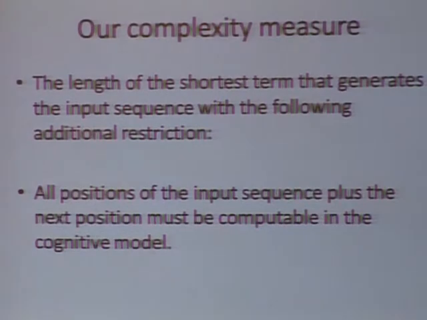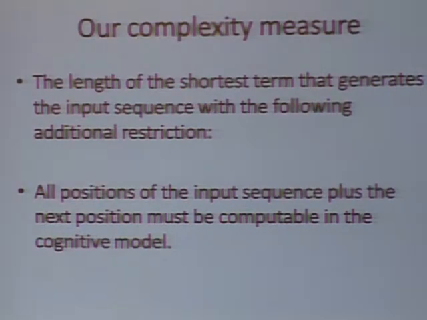Okay, and then we get a complexity measure out of this, because we take the length of the shortest term that generates the input sequence, but we use the following essential restriction. All positions of the input sequence plus the next position must be computable in the cognitive model.